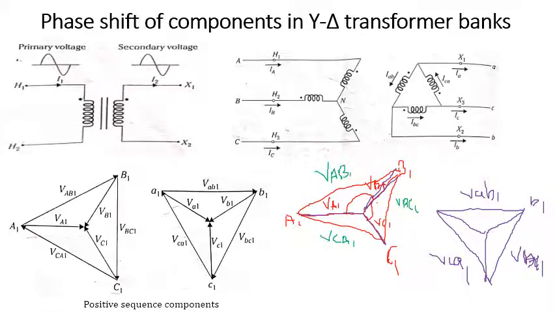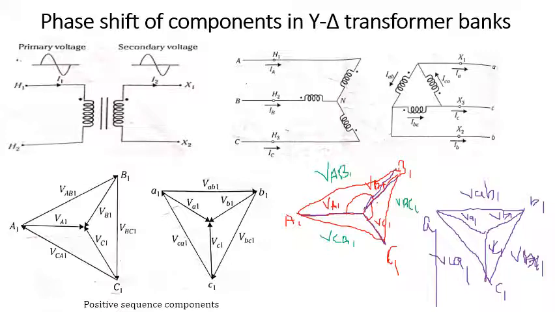Here it is VCA1 and this is VBC1, so here C1 is the common, and here A1. The middle is the neutral. This is VA1. Similarly, this is VB1, and similarly this is VC1.